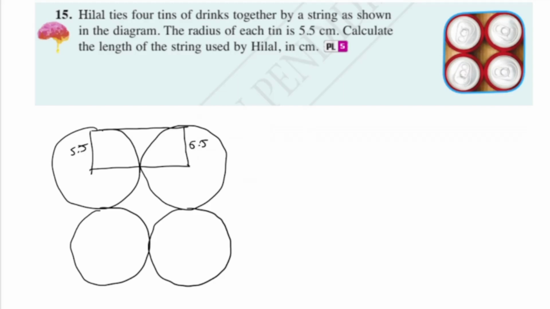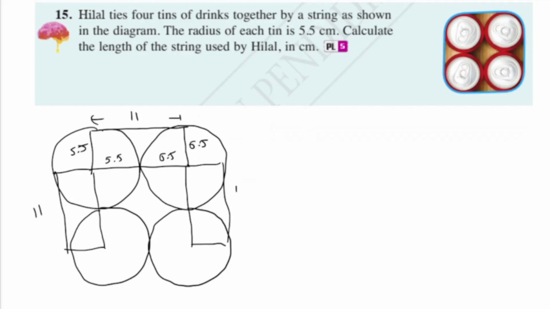So if this is 5.5, 5.5, can I say this length is 11? Correct. Now you do the same for here. Sorry, supposed to be touching. This is 11, right? Do the same for here. What is this length? 11. Do the same thing for here. The length is 11. So the length of string that you need is actually here.